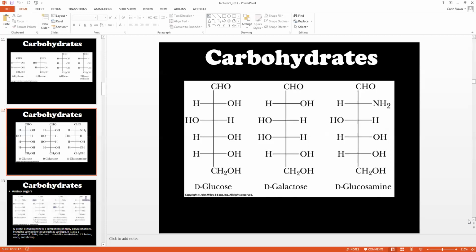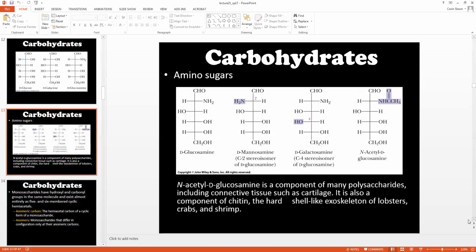In addition, there are also sugars that can be differentiated. For example, D-glucosamine has an amino group. D-mannosamine has that NH2, also on the 2 carbon, but now it's on the left. It's the C2 stereoisomer of D-glucosamine.